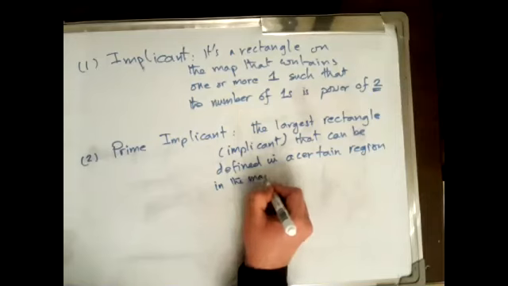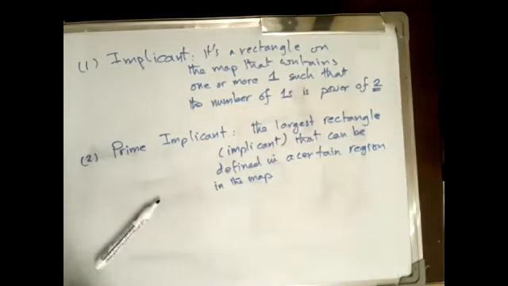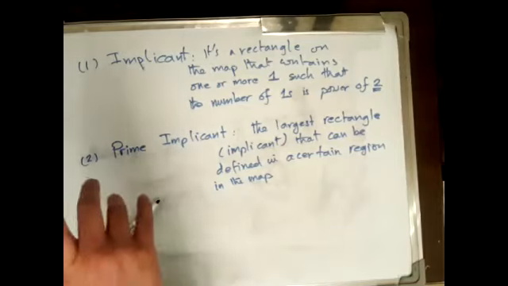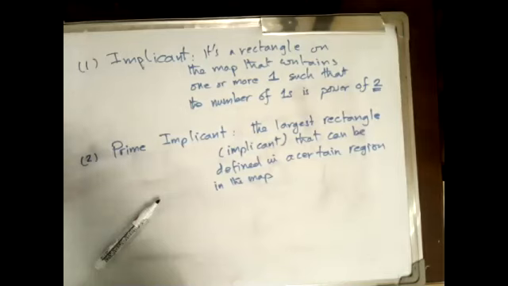So if you have a set of ones on the map, you might be able to define different implicants to contain these ones. But the largest implicants that contain all these ones at that location in the map is called a prime implicant.